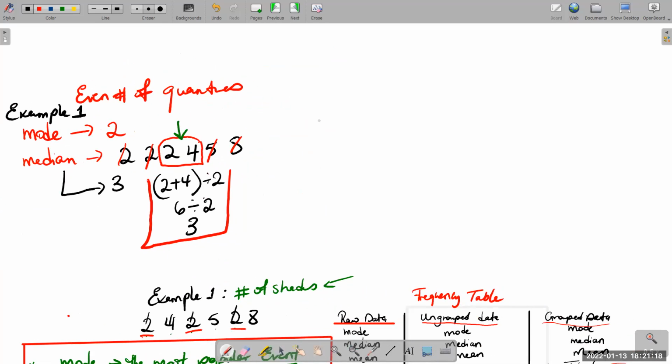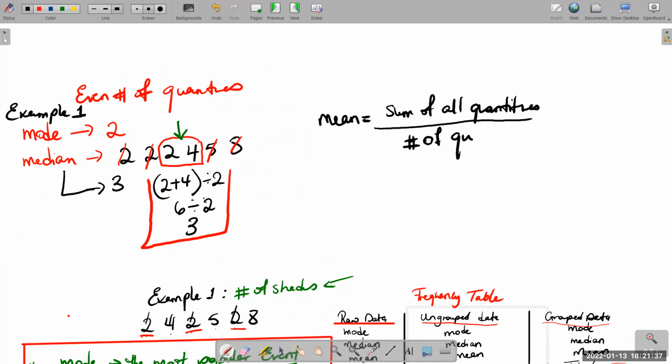So mean has a formula. Mean is the sum of all quantities, always write the formula, divided by the number of quantities. Please have your calculators ready. And so what numbers should I be adding?